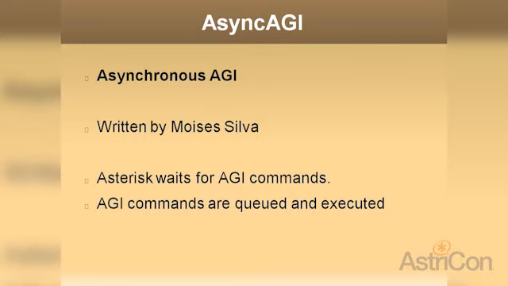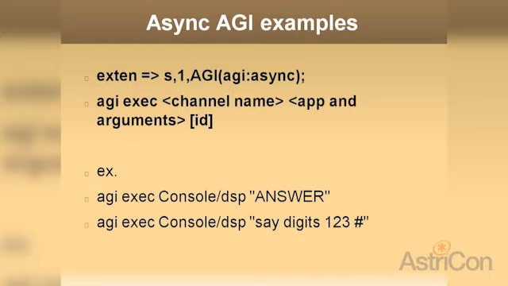The beauty of async AGI is that if it has nothing to do, your channel will remain on. So let's say I'm doing a stream file. I know that the user won't listen and will never hear anything, but at least the channel will remain on. So afterwards, once again, if you want to do some stream file or record some file, that will be possible. Just a different way of writing AGI.